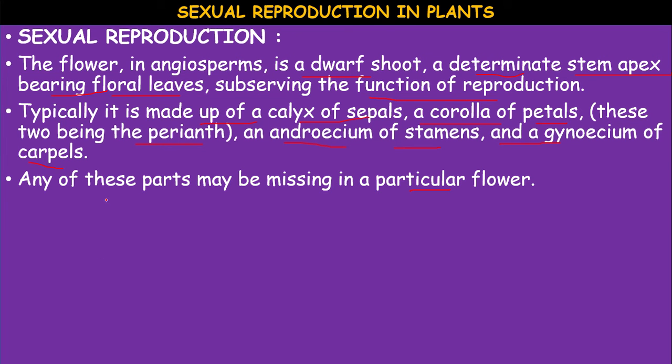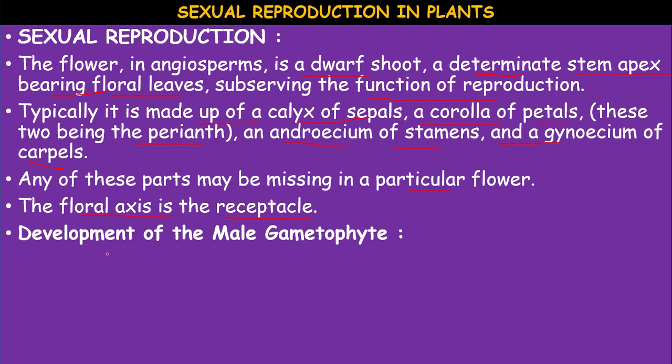If the flower possesses all four, calyx, corolla, androecium and gynoecium, four whorls, then the flower is considered a complete flower. The flower axis is also called the receptacle. The pedicel is the stalk of the flower. The floral axis, the axis on which the flowers are present, is called a receptacle.